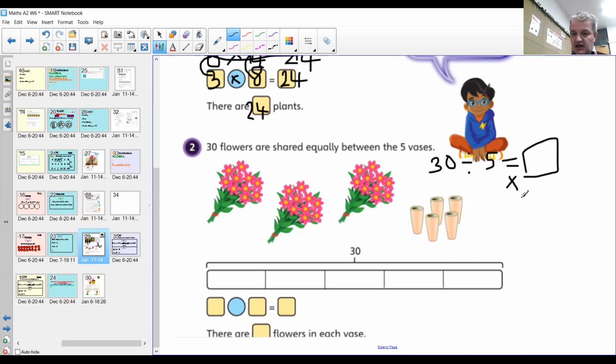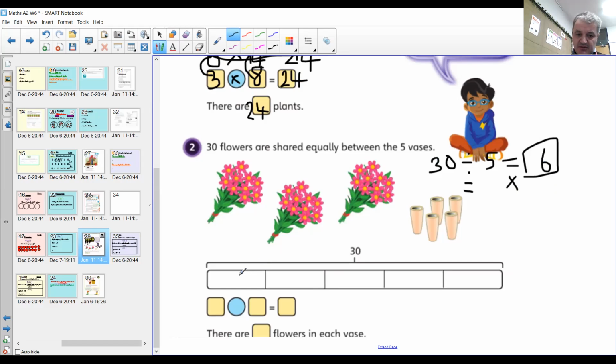What number times 5 equals 30? 5, 10, 15, 20, 25, 30, so it is 6. So again, I'm using my multiplication knowledge that 6 times 5 equals 30 to solve a division problem.